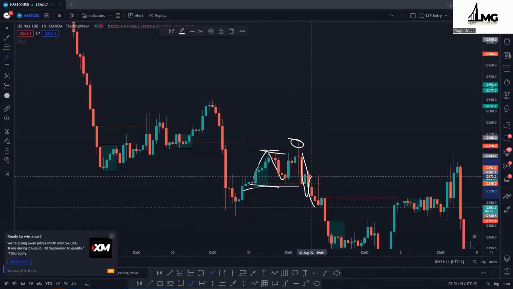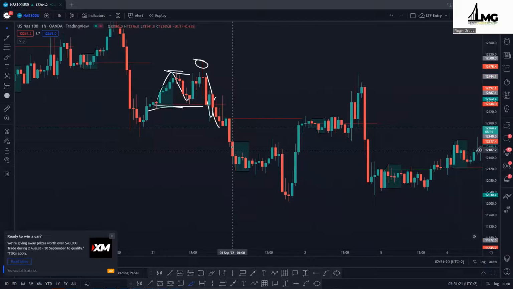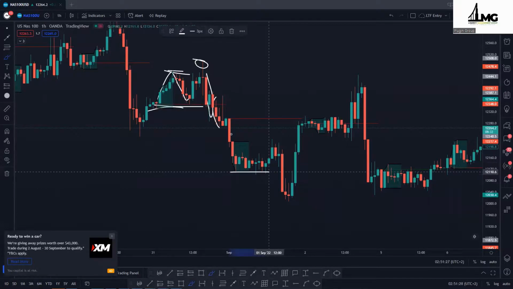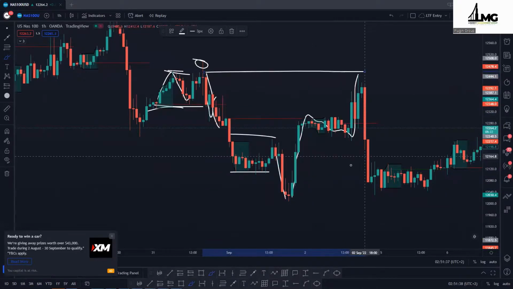And then we got this OTE formation, and then price just goes to the downside. Here we got the same setup. Price opens up here, Asian range accumulation. We got that and that, grabs it, pushes to the upside afterwards. We got this, and then we got a continuation pattern targeting this high right here.